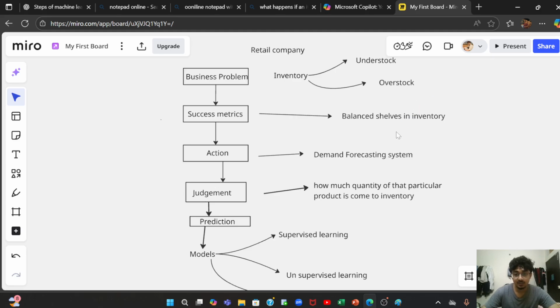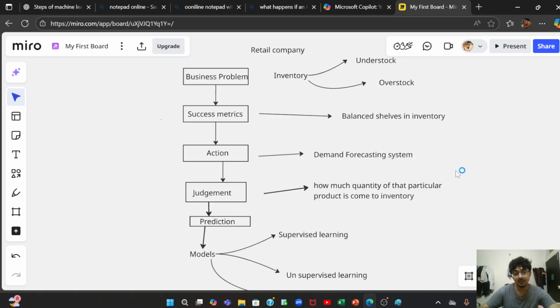There should be balanced sales in their inventory. Okay, there should be less overstock and less understock in a balanced form.